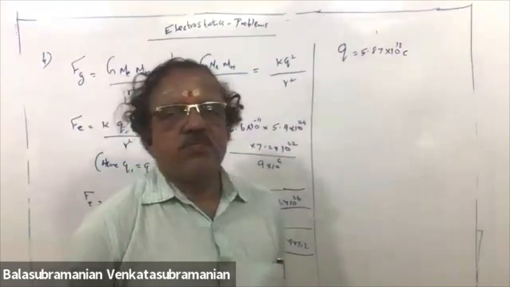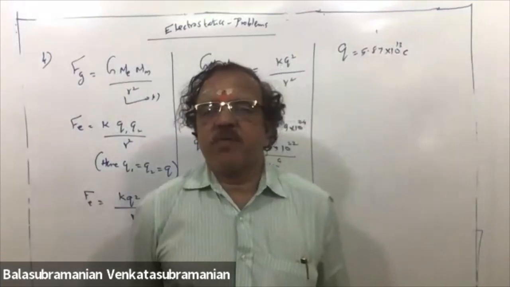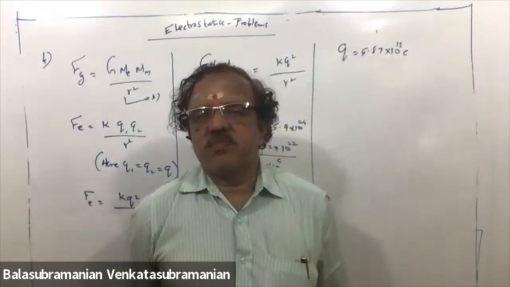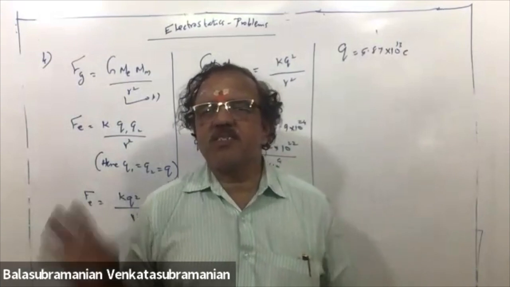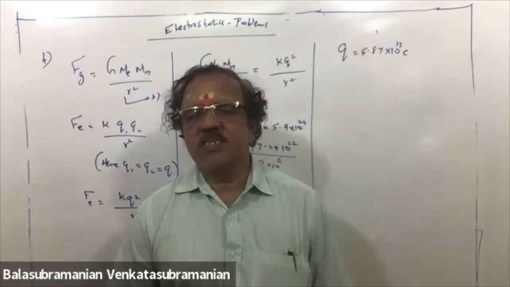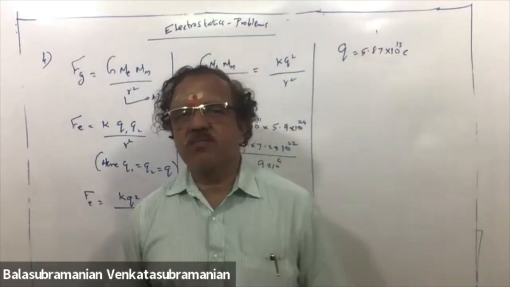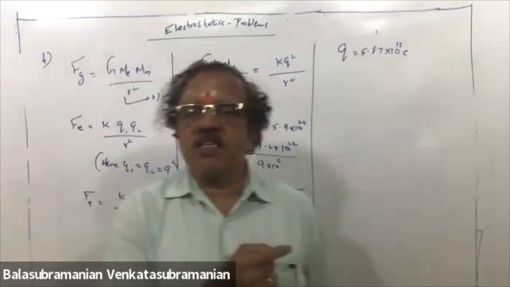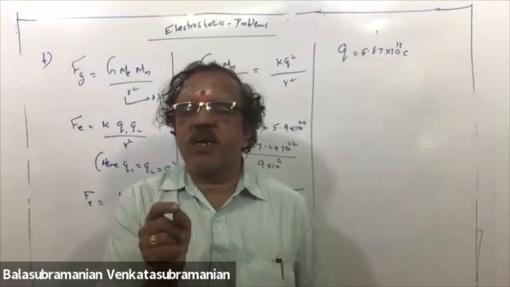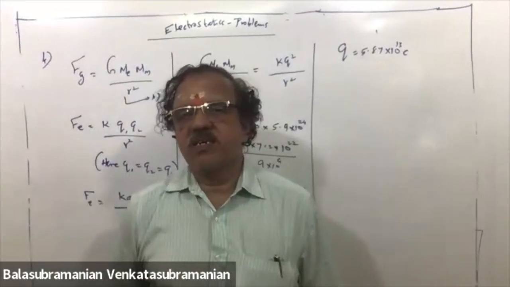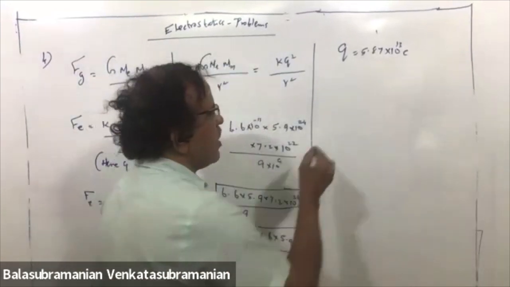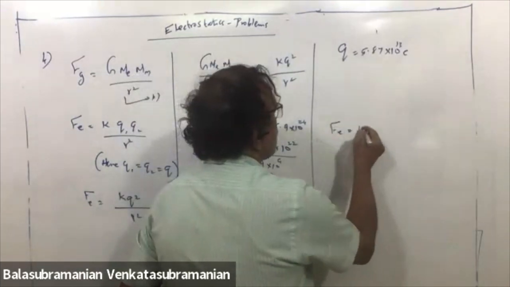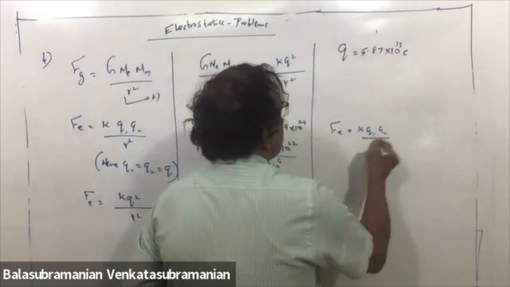Extraordinarily high value. 10 power 13 coulomb. Practically speaking, this is absurd. It will never happen at all. Because 1 coulomb of charge means 9 into 10 power 9 Newton. What is Coulomb's inverse square law? Fe is equal to K Q1 Q2 by R square.